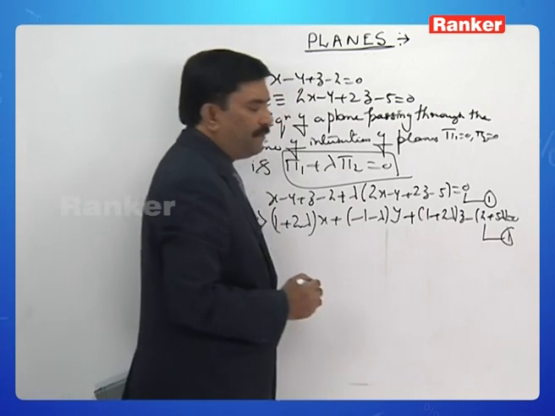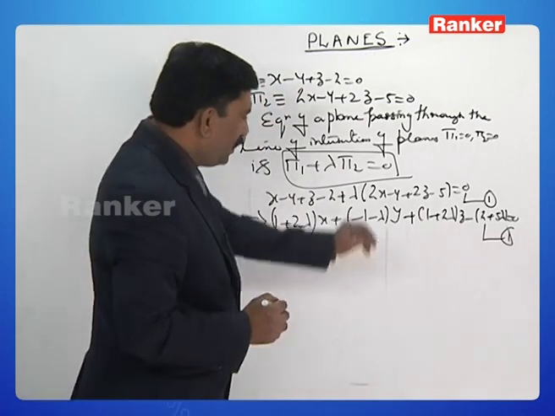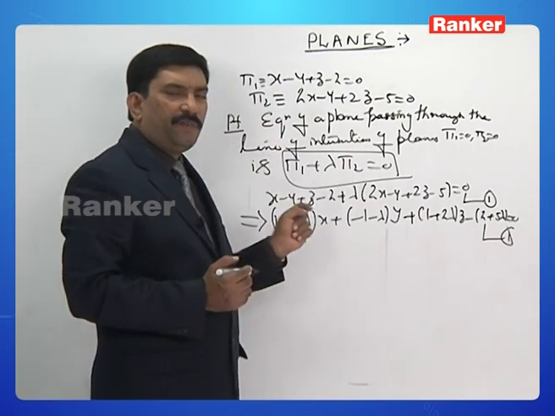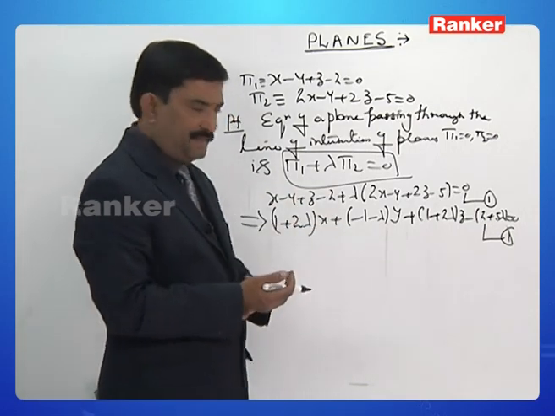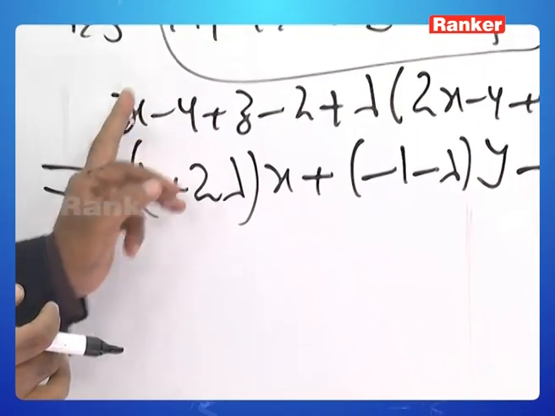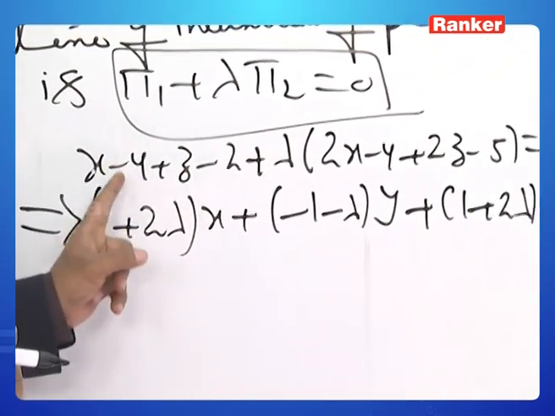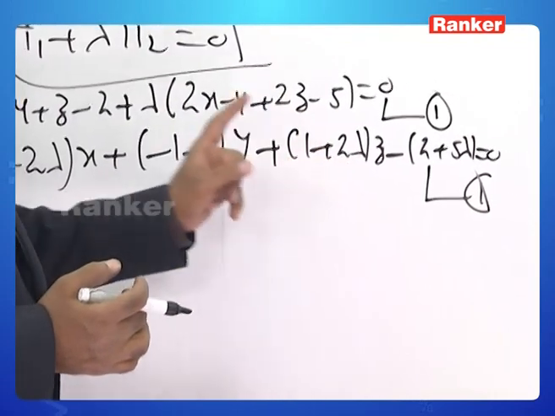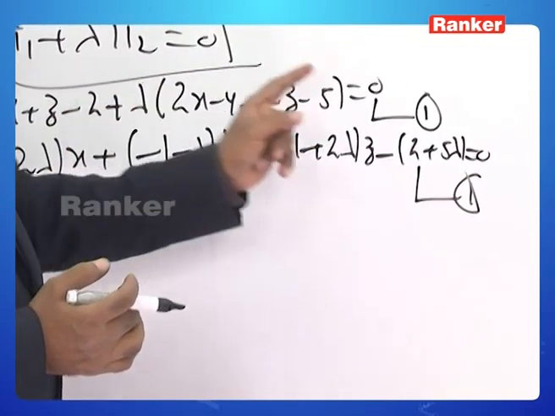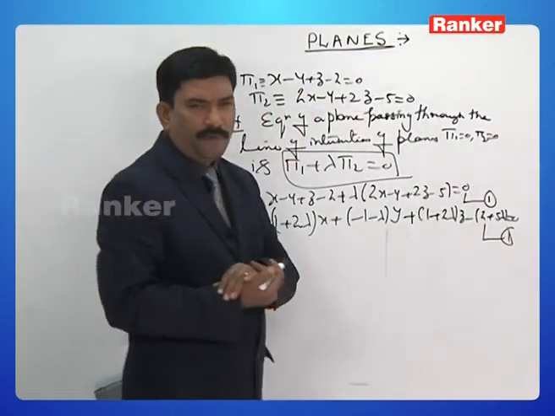This is also 1. Now we have found the equation of a plane passing through the line of intersection of two planes. Got it?